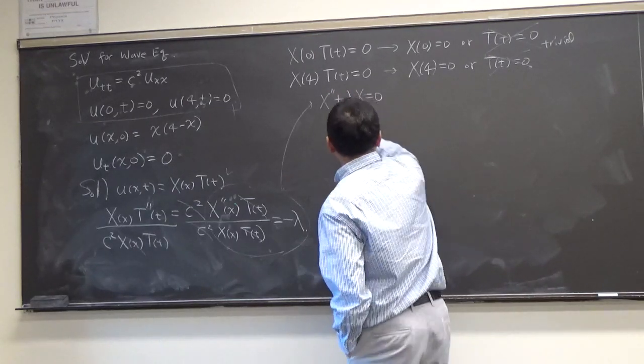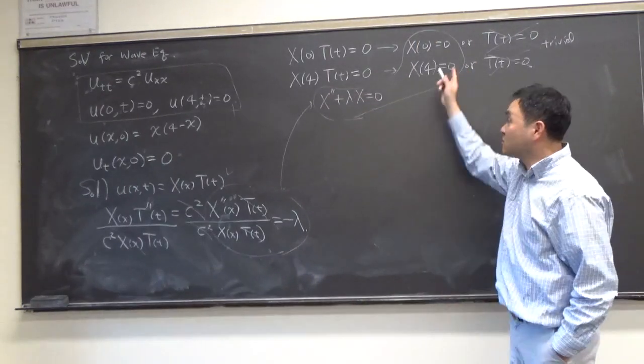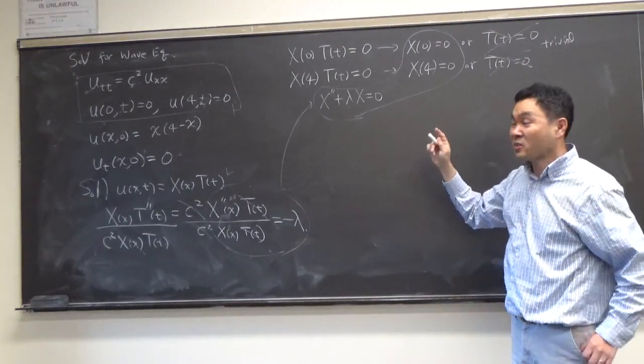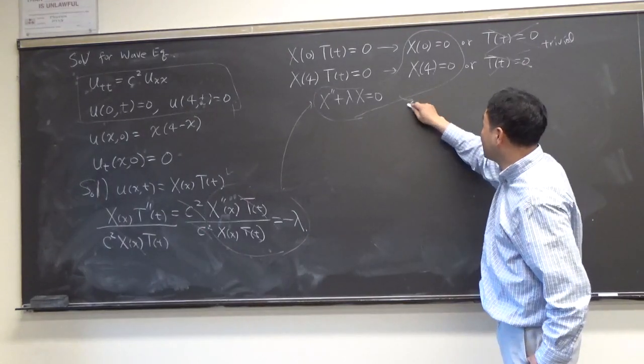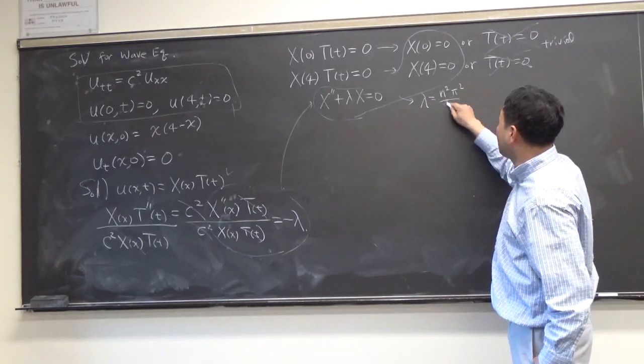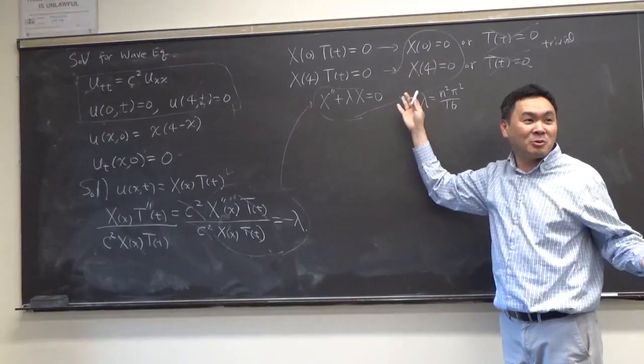We know very well what this means. This is the Sturm-Liouville problem, where only for certain values of lambda you get non-zero solutions, and that's when lambda is equal to n squared pi squared over 16. This is another problem that could be on the exam.